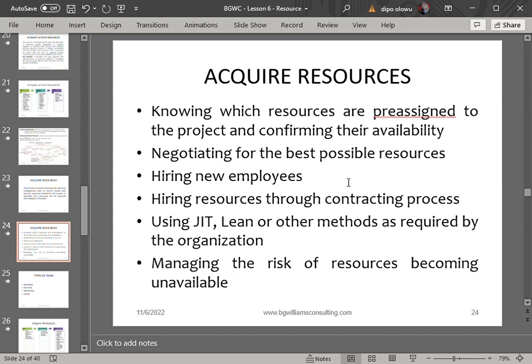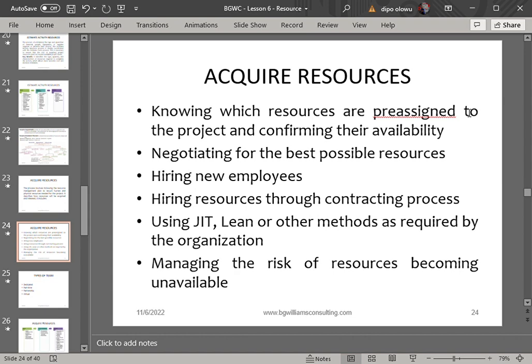Acquiring resources is like signing a contract with maybe a supplier or anybody you are bringing on board. Apart from that, acquiring resources involves negotiating for the best possible resources. So there's no way you want to acquire resources, either human or material, without doing a negotiation. All these things happen during acquire resources. Then there's also what we refer to as pre-assigned resources.